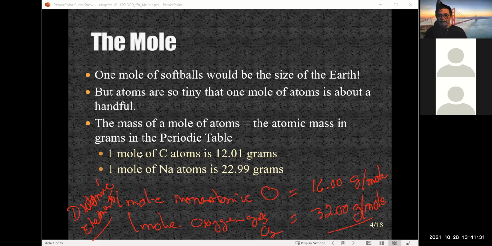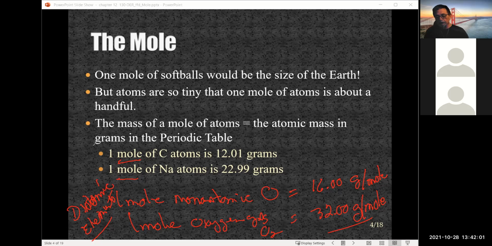That means that for everybody else, whatever element we're dealing with, 1 mole of the atom is simply equal to its atomic mass, plain and simple. Carbon is 12.01. And obviously, 1 mole of sodium would be 22.99 because sodium is bigger. Sodium has more protons, more neutrons. Its weight is increased.